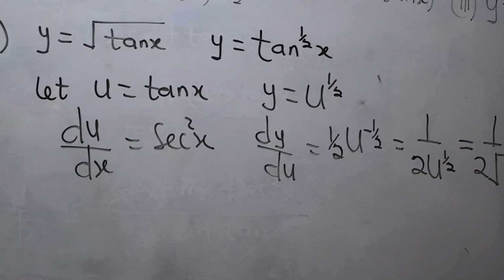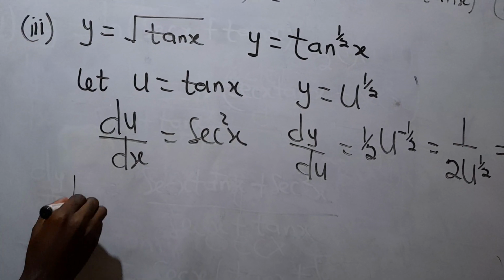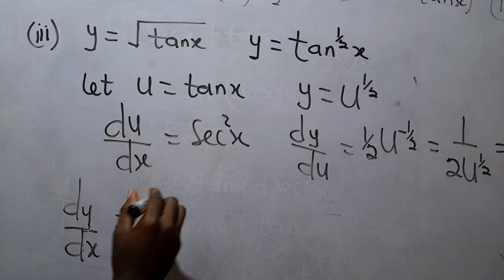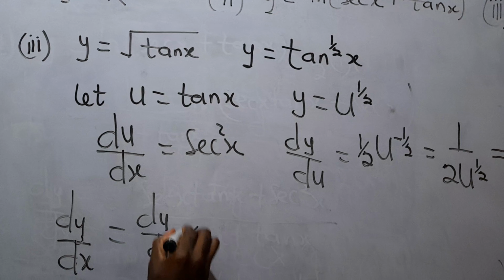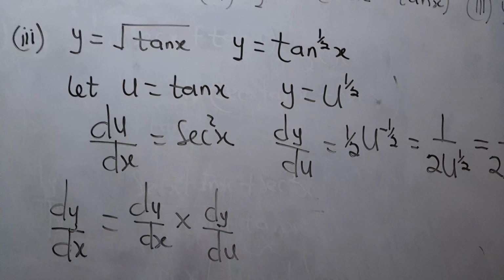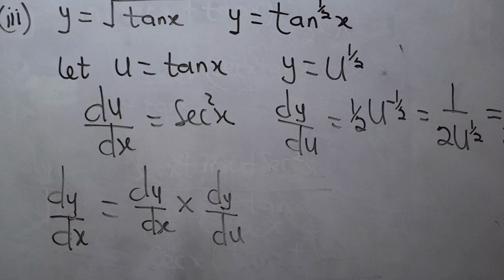So now from chain rule, we can say that our dy over dx will be equal to the product of these two functions. That's du over dx times dy over du. Remember, the du will divide the du, then we'll have our dy over dx back.